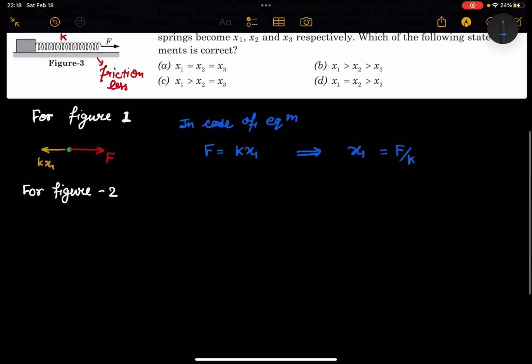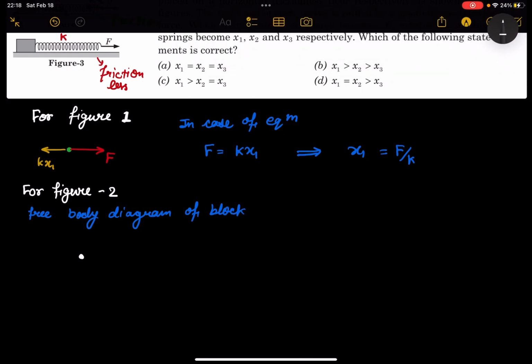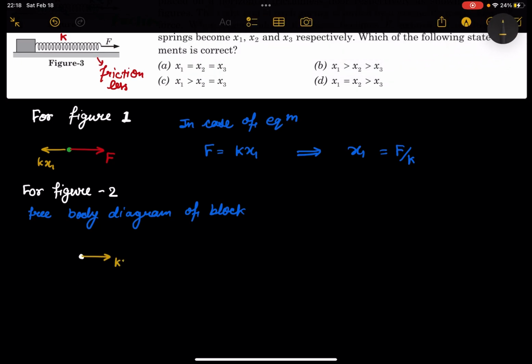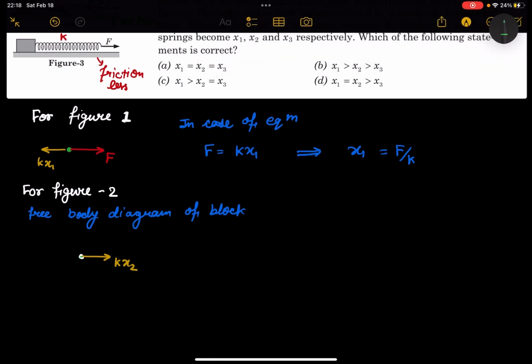So if I talk about the free body diagram of the block, this is the block. One force is acting in this direction, that is kx2, and on this side one force is acting, that is the friction force Fs.